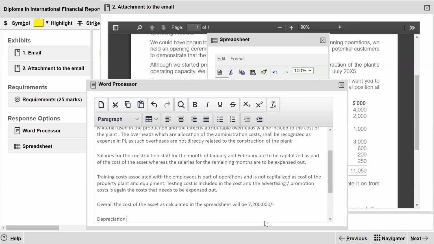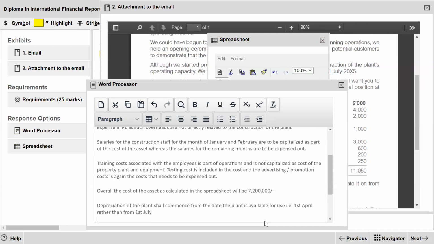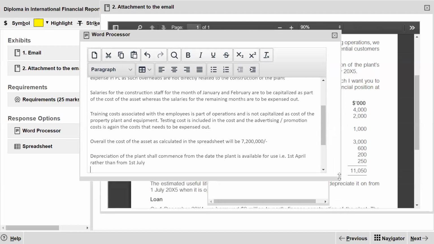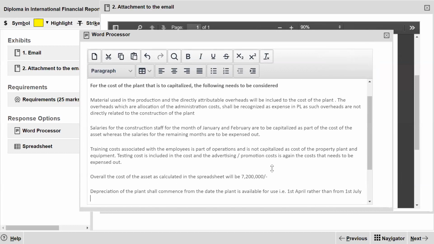The depreciation of the plant shall commence from the date the plant is available for use, that is 1st April, rather than from 1st July. Is that okay to all of you?